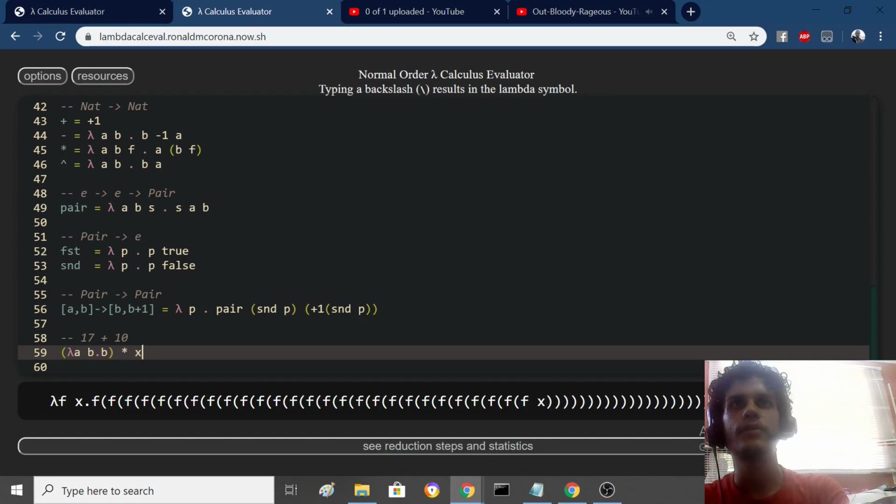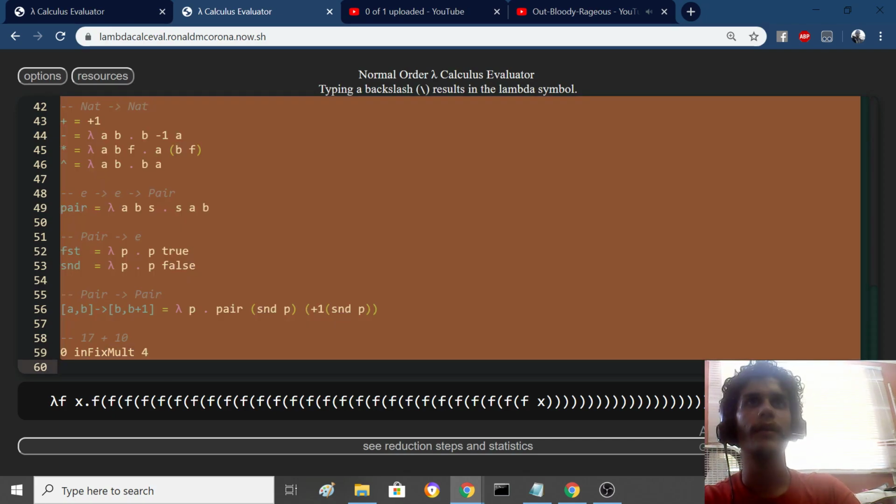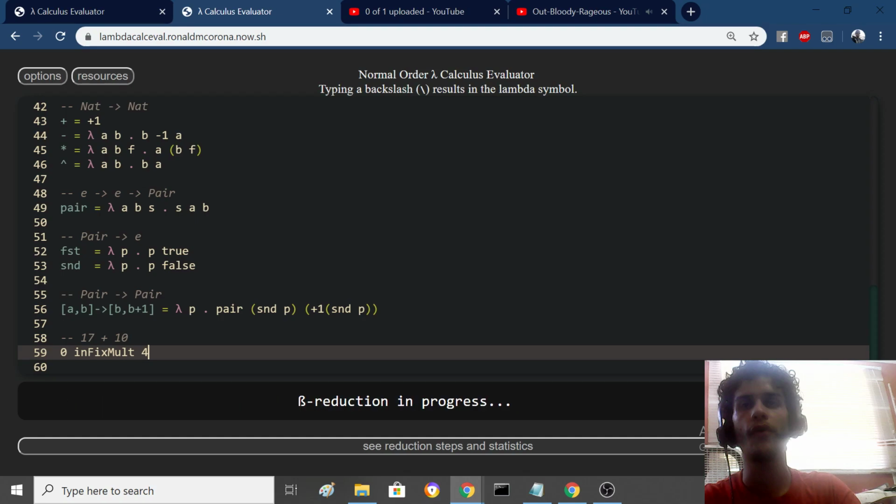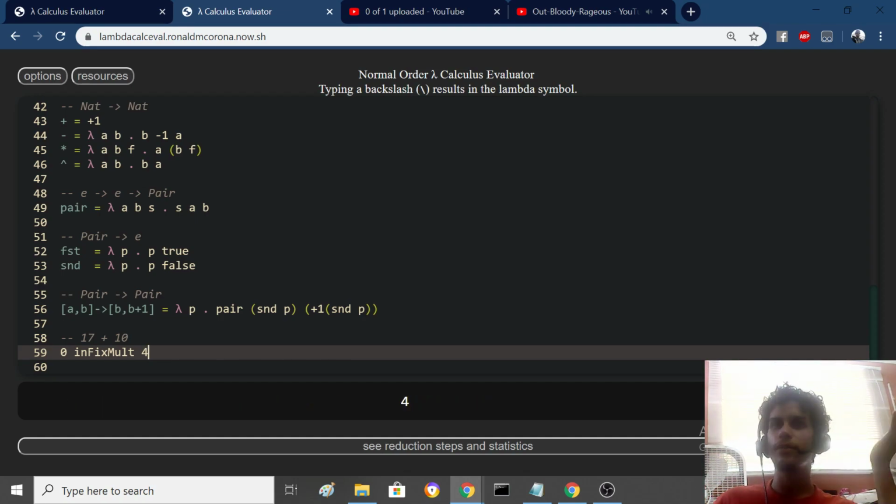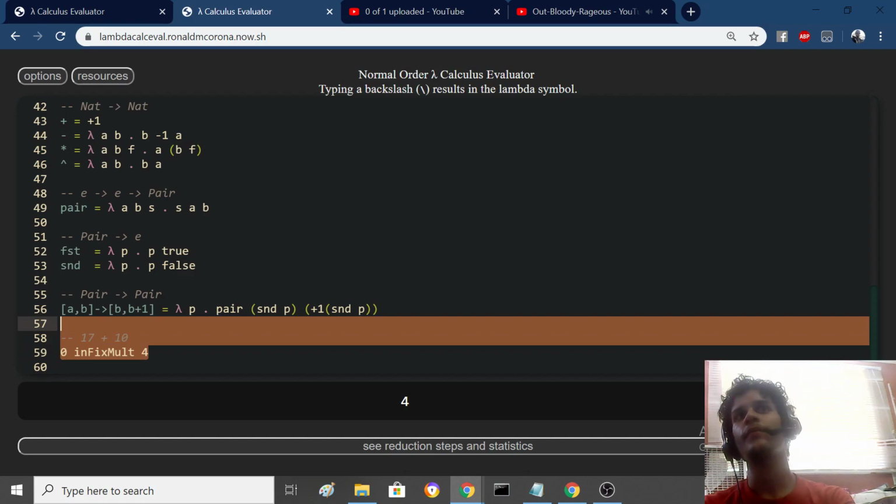So no matter what you define infix multiplication to be, it won't work, because something like 0 times 4 is just going to give me 4, which is totally wrong. Because that's what 0 is. It's really false, and false is a thing that takes 2 inputs and gives me the second one.